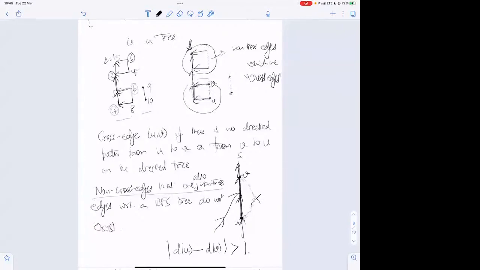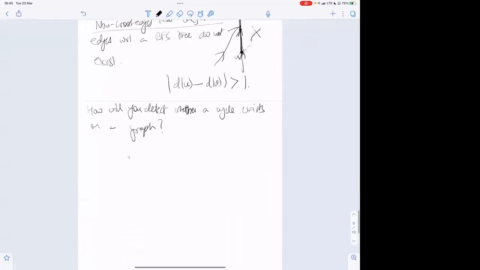Correct? And this n-1 thing will only work if the graph is connected. So for example, if you have 4 vertices and 4 edges, then the graph has a cycle. But if you have 5 vertices, then there are 4 edges, and this does not tell you that the graph is acyclic. Do you agree with me?